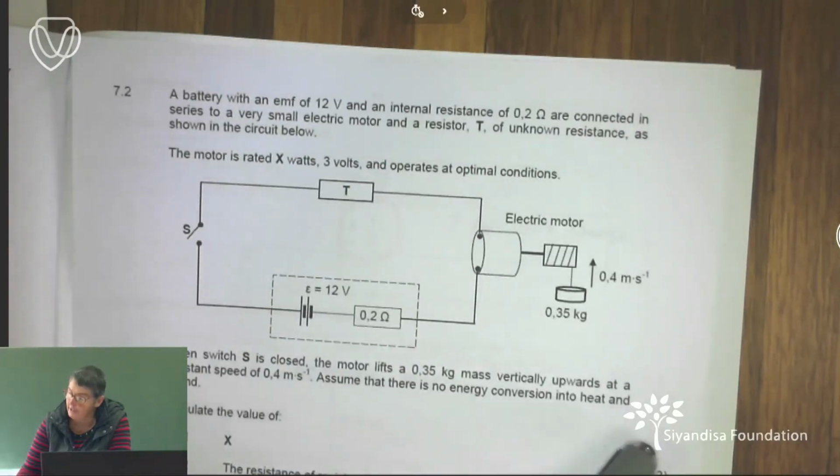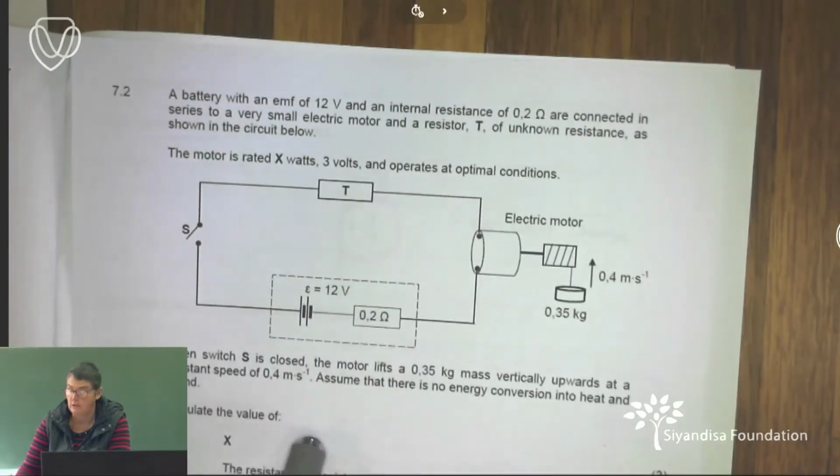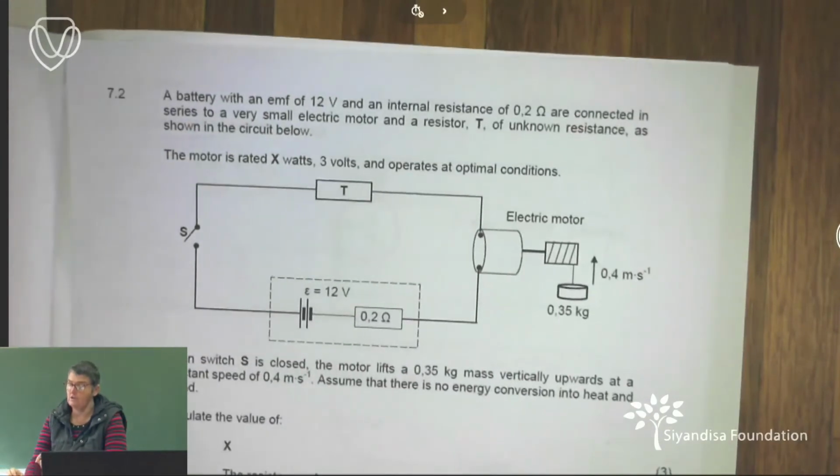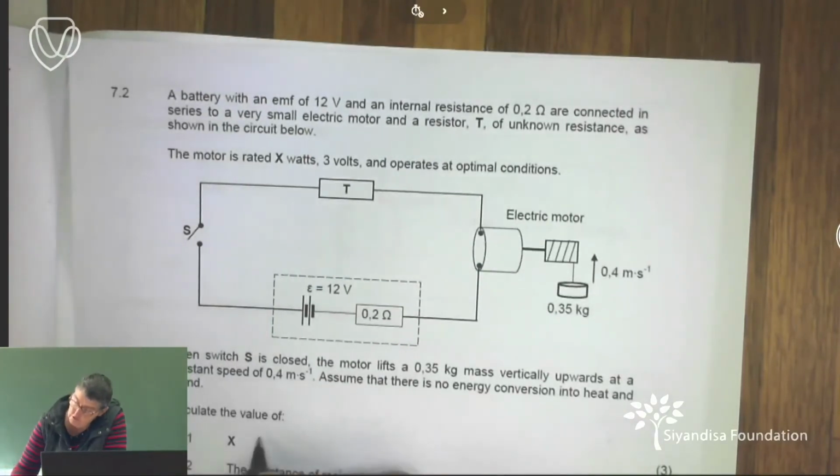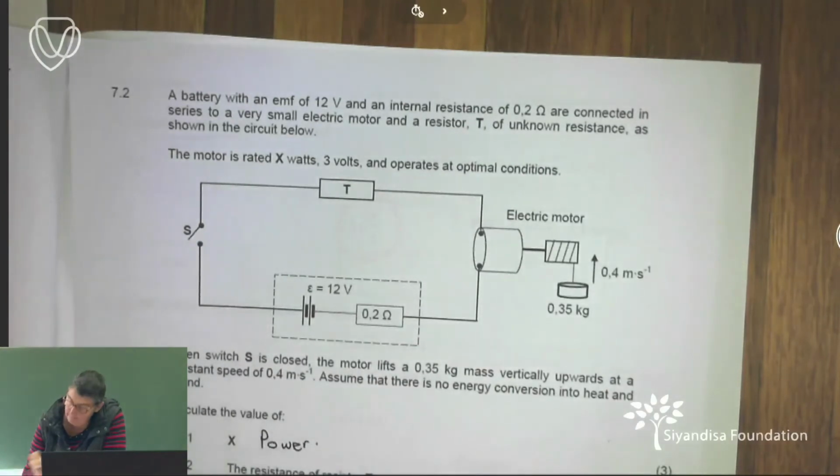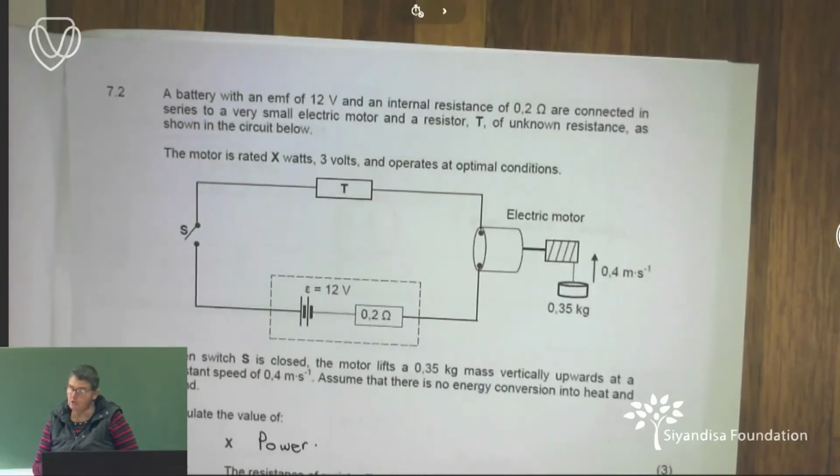Assume that there's no energy conversion into heat. And the first thing they want to know from us, what is the value of X? In other words, they basically want to know from us what is the power. Okay. Right. Now let us see what we can do over here.